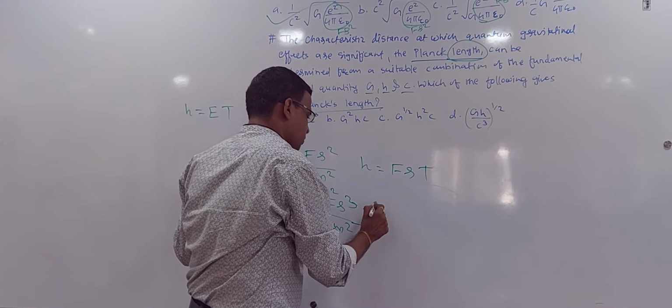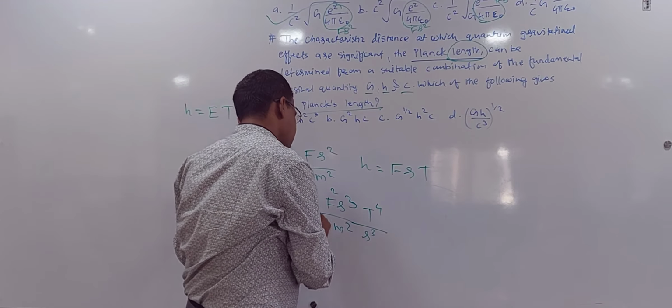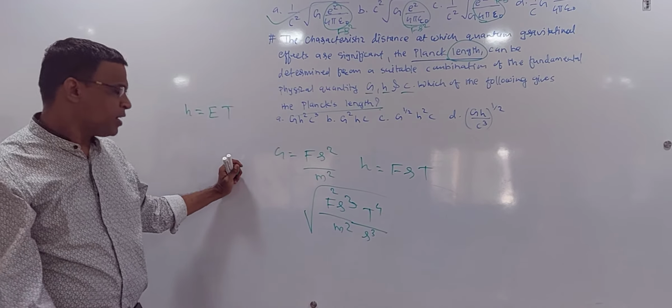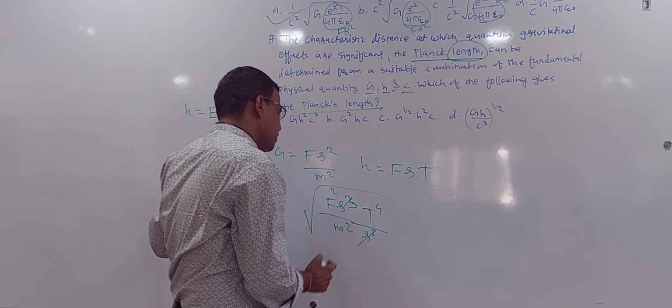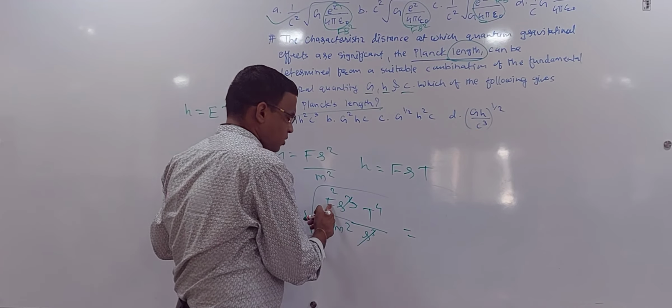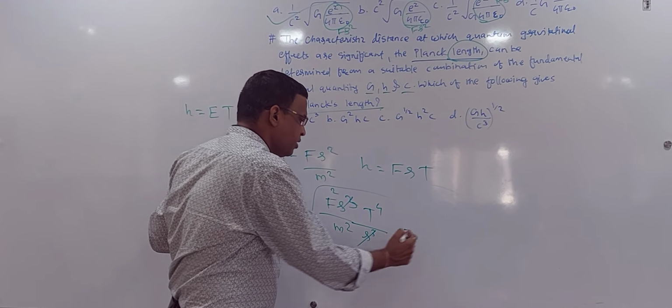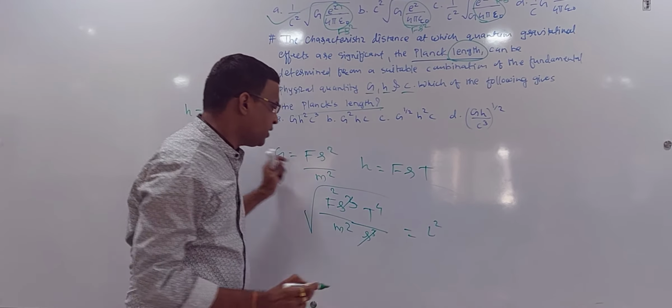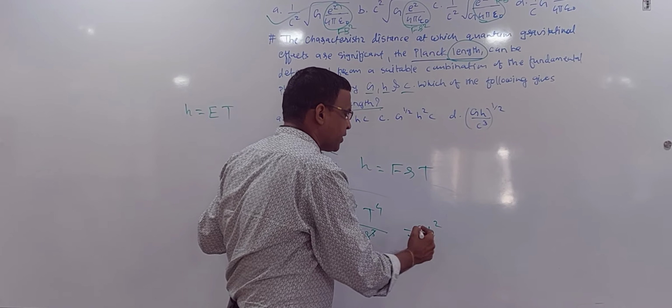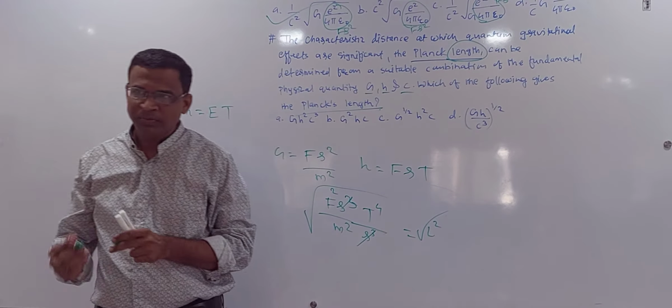So T cube is T cube and this T power 4, and under root of that. So R cube will cancel. What is left? 1 minus 2, so mass square get cancelled, L 2 and T minus 2 and T power 4 get cancelled, under root of L square is L.